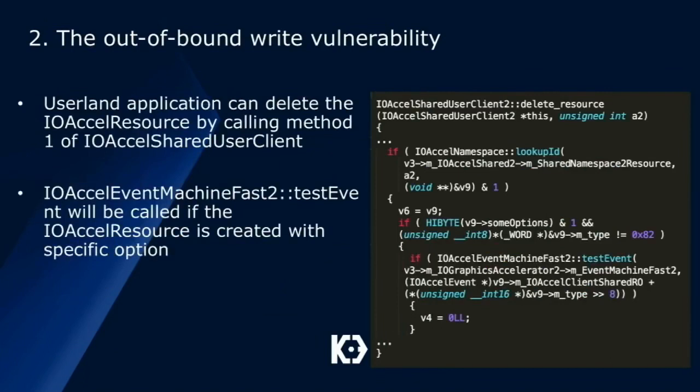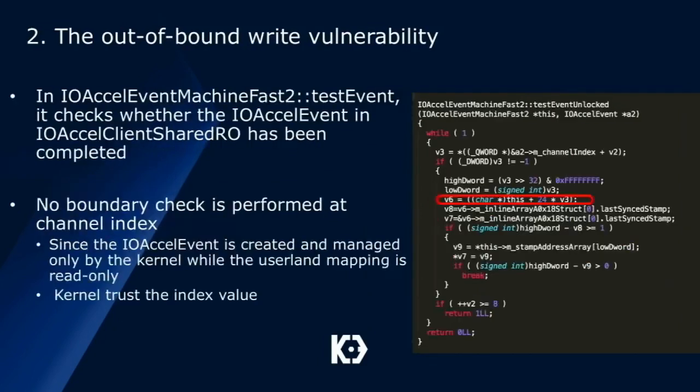The user application can also delete the created I/O axial resource by calling method 1 in I/O axial shared user client. After that, the test event function will be reached. This function simply checks if each I/O axial event object in I/O axial client shared RO is complete or not.